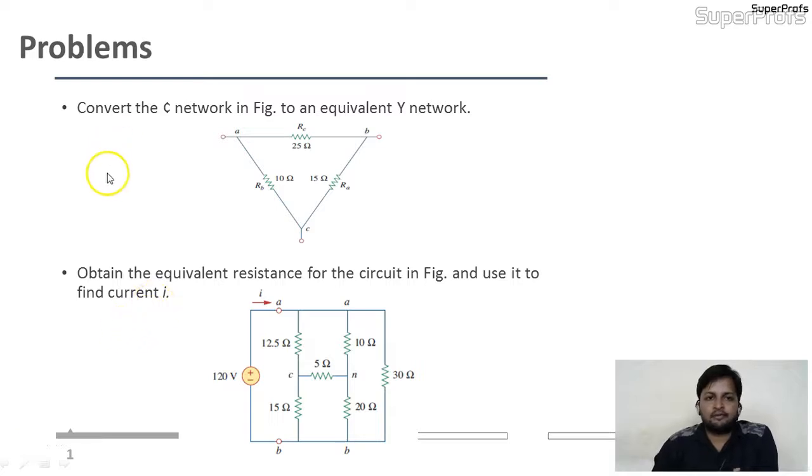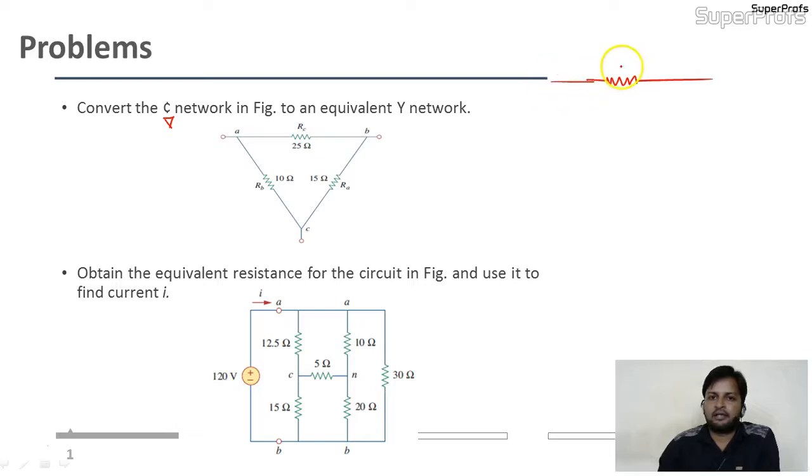Here we are having some problems based on delta to star conversion. This is delta, okay. Convert the delta network in the figure to equivalent Y network. See, here they have given the delta and they are asking to convert into star.